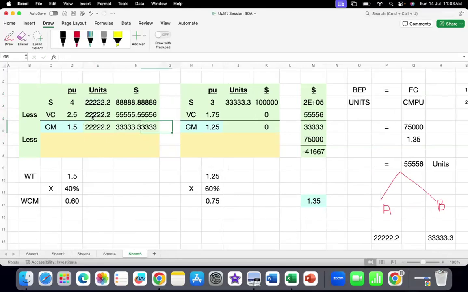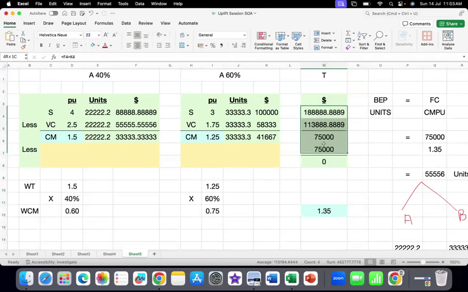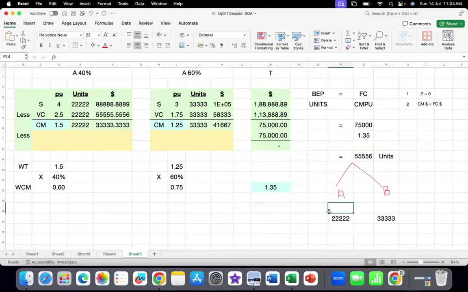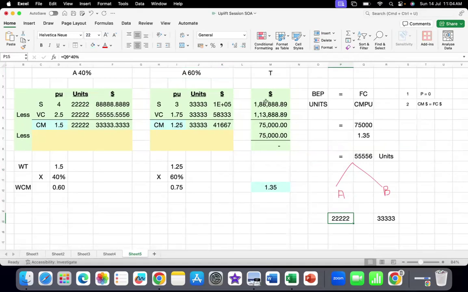So you can check it out. So if you have the same ratio available with you and your fixed cost is 75,000 and you're producing two products, that is A and B, in the ratio of 40 is to 60, you'll have to make sure that you produce 2,222 for A, 3,333 for B. Based on their own ratios, you can have their total sales, total variable cost, total contribution margin that should be equal to fixed cost.